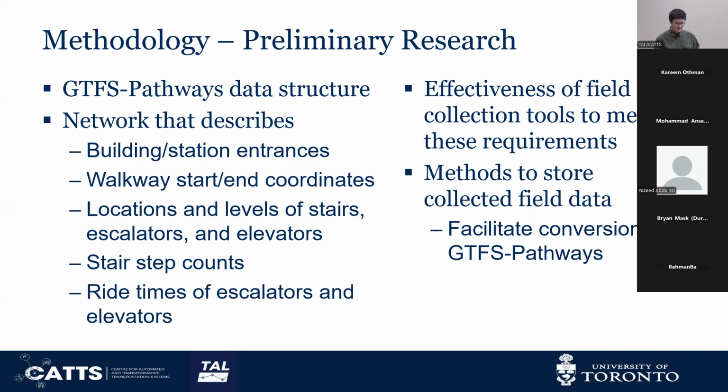For example, we need the accurate locations of building entrances and the start and end of walkways and locations of stairs, etc. And we've also looked into effective field data collection tools to meet these requirements, as well as a method to store the field data so that it can be translated into GTFS pathways later.